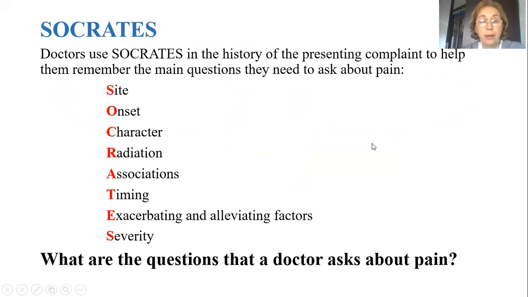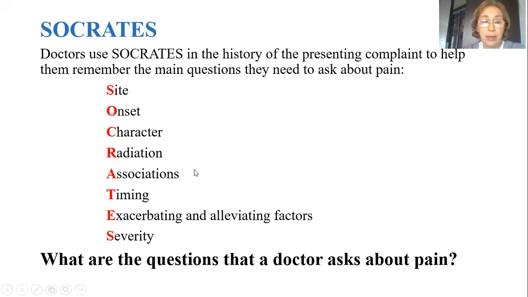Now, when a patient comes to the hospital, doctors should use the SOCRATES model in the history of the presenting complaint to help them remember the main questions they need to ask about pain. They need to clear out all the details about pain, the character of pain, and so on.